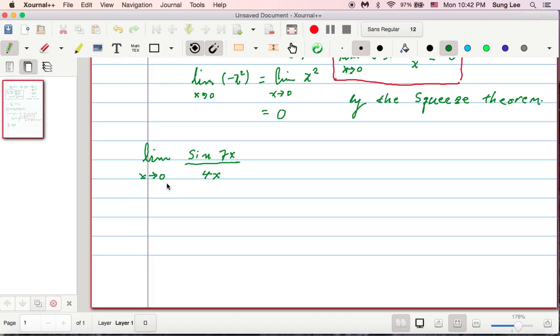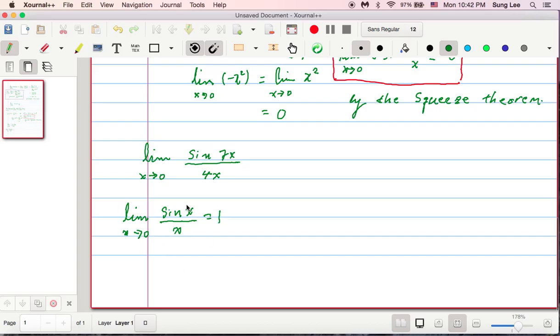In this case, the only tool we can use is the following formula, which I introduced to you as a theorem: the limit of sine of x over x when x approaches 0 is equal to 1.